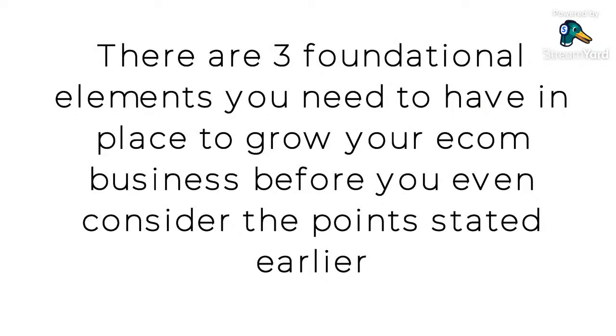There are basically three foundational elements that you need to have in place to grow your e-commerce business, even before you consider the points stated earlier. What we're trying to say is, hiring hundreds of staff, getting an office space, figuring out logistics will be futile if these three foundational elements are not in place.